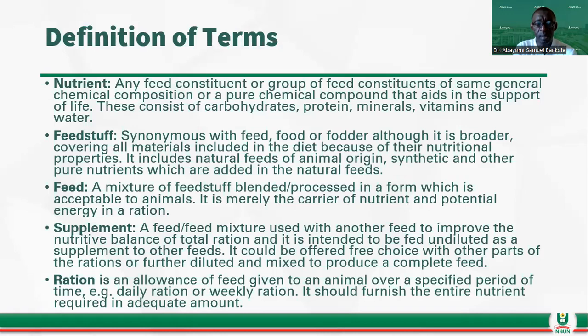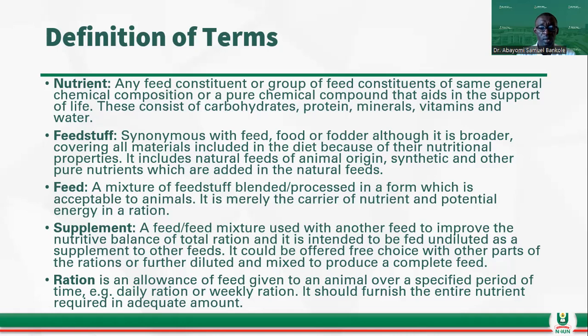Well, basic terms commonly used in the poultry world include all of this, which you will find in your course material. I won't be able to go into details of this, but I'll just mention them here. Nutrients is number one. That is very important to know the meaning. Feed stuff is another term related to feeding of poultry.